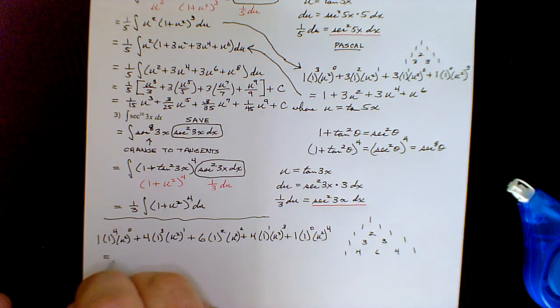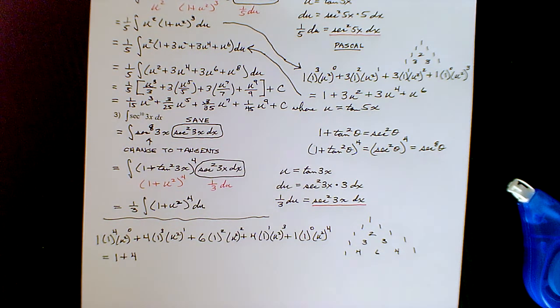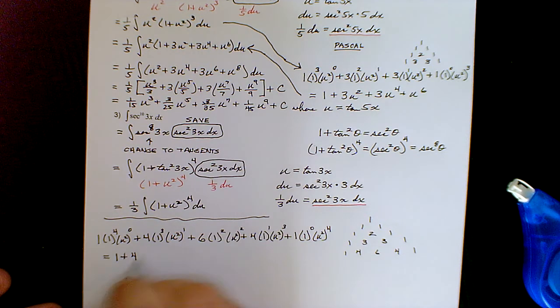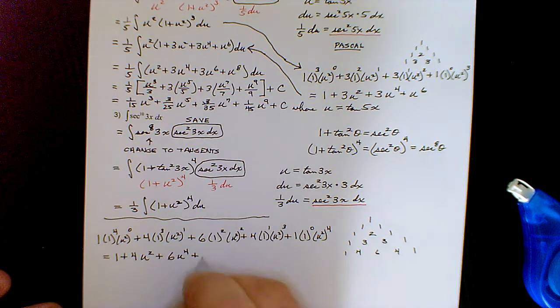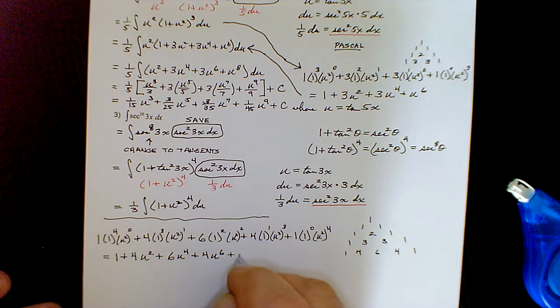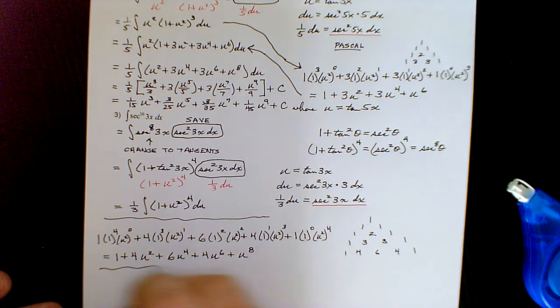So that gives us, okay, everything's a 1. Again, what comes out of this is really just the coefficients as well as the powers on u. So we've got 1 plus 4 u squared, plus 6 u squared squared, u to the fourth, plus 4 u squared cubed, u to the sixth, and then finally plus u squared to the fourth, which is u to the eighth.